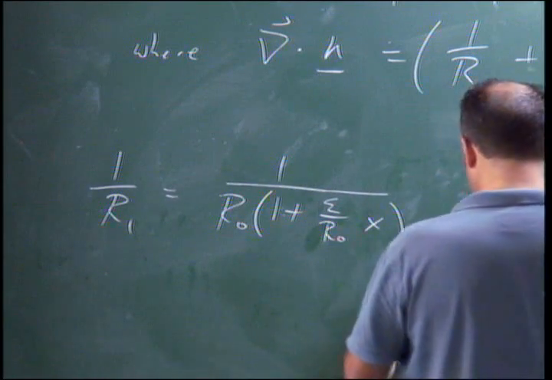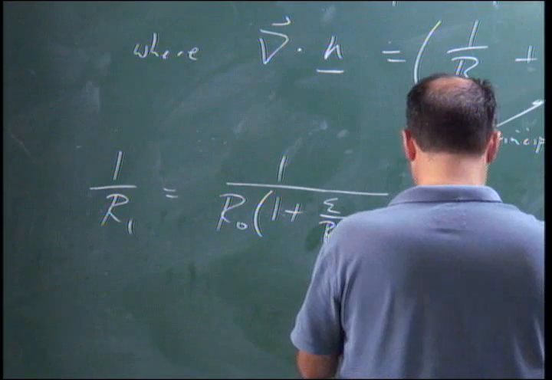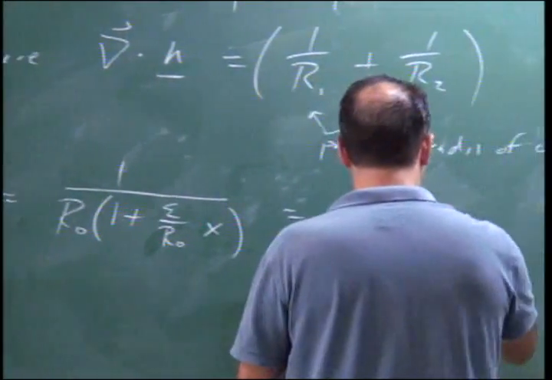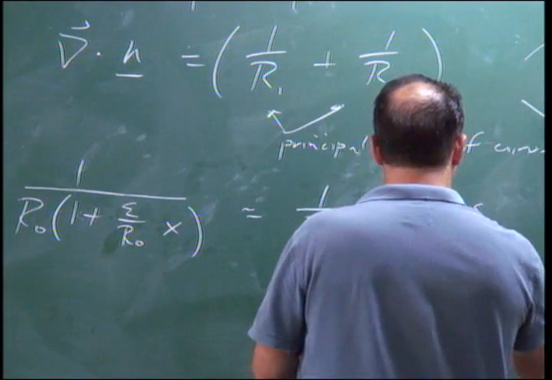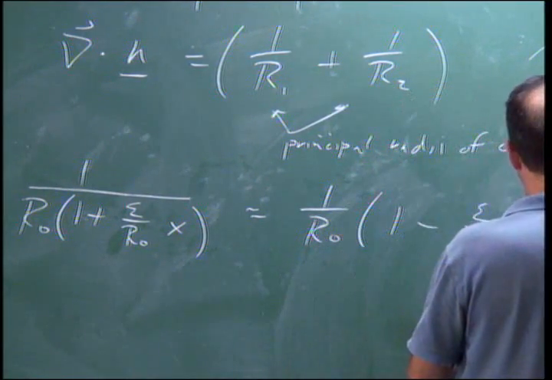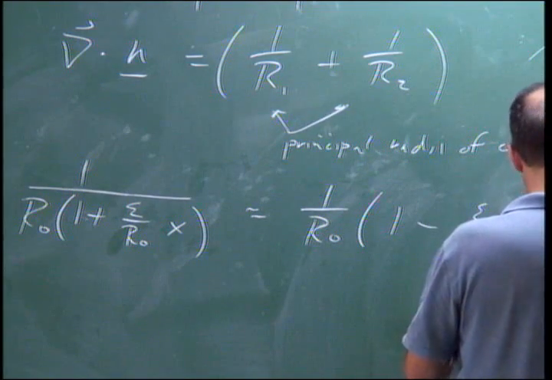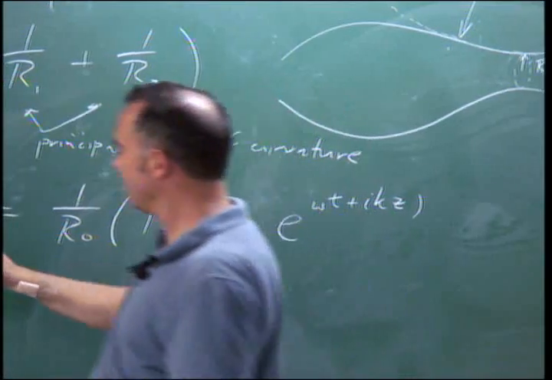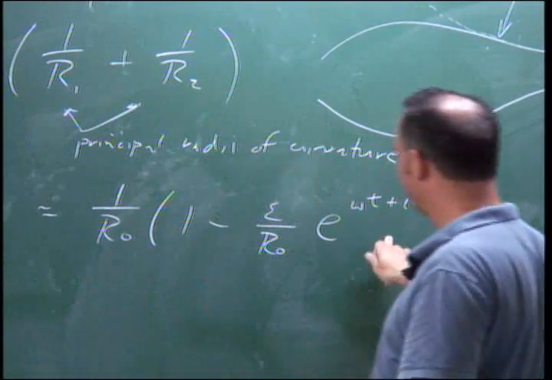Let's just leave it as x for the moment, but we see that it takes this form, correct to linear order. Okay, this is this exponential here.